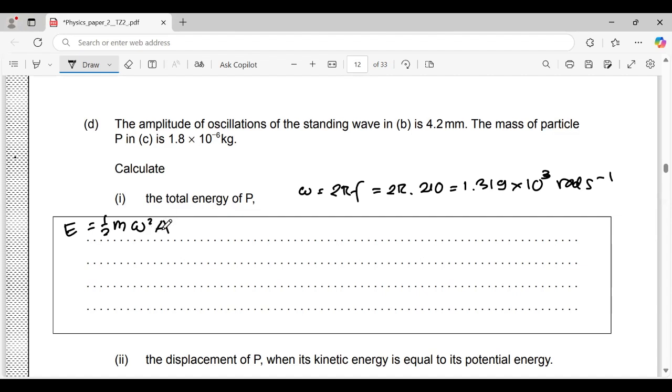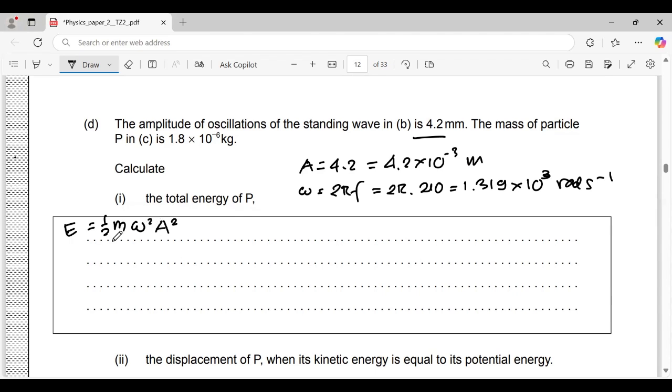Sorry, amplitude, not displacement. The amplitude is 4.2 millimeters, but I'd like to convert into meters. So 4.2 times 10 power minus 3 meters.